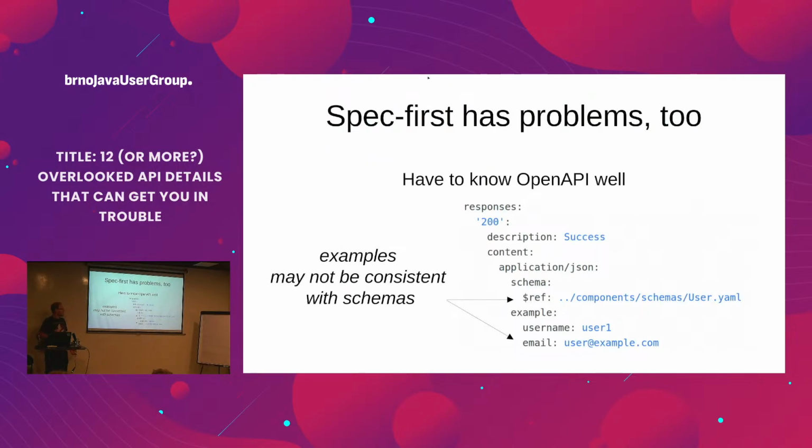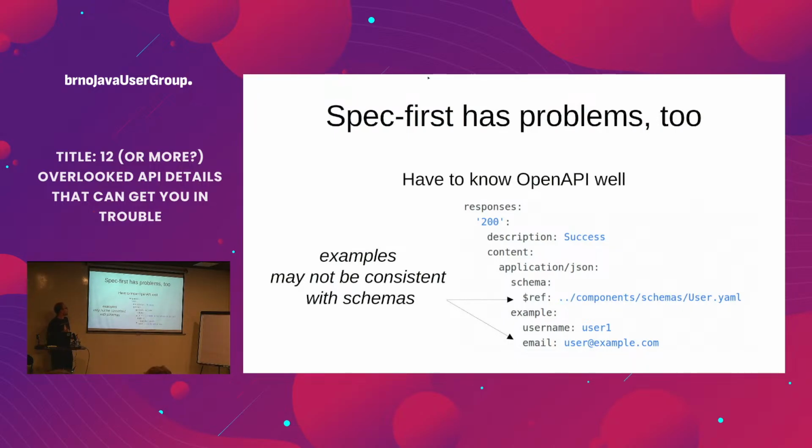Of course, nothing is for free. So even if you go with the specification first approach, you need to master two basic elements: the language, which is in our case OpenAPI, and the tools.